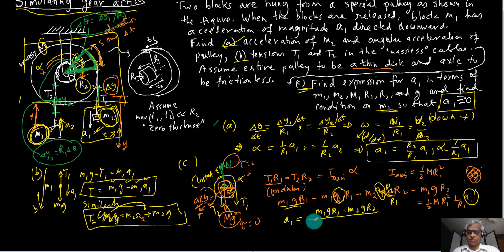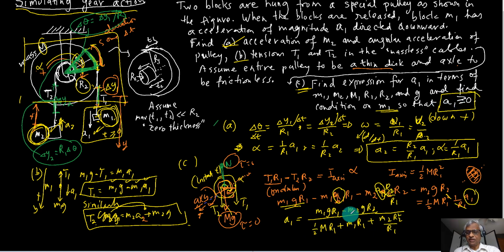You're going to have half capital M r1, because one of them cancels out, plus m1 r1, and plus m2 r2 over r1, so r2 squared over r1. So that's the a1, and we want to find out when this will be greater than or equal to 0.